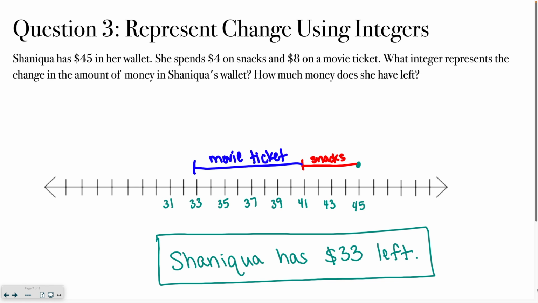And then from that point, I moved to the left again to represent the amount of money she spent on a movie ticket. And once I had done that, I saw that the number on the number line that I stopped over was 33. That means that Shaniqua would have $33 left in her wallet.